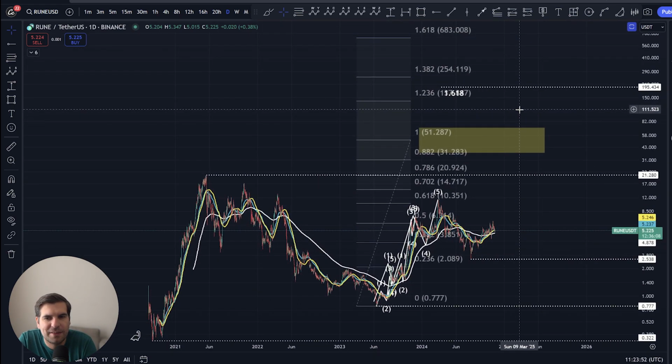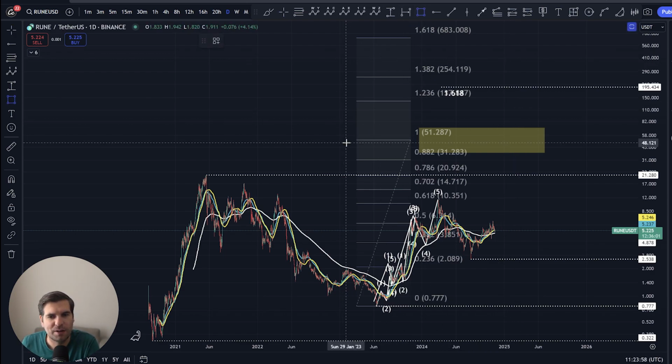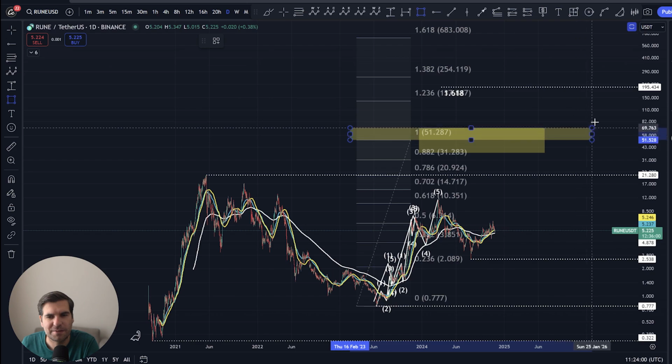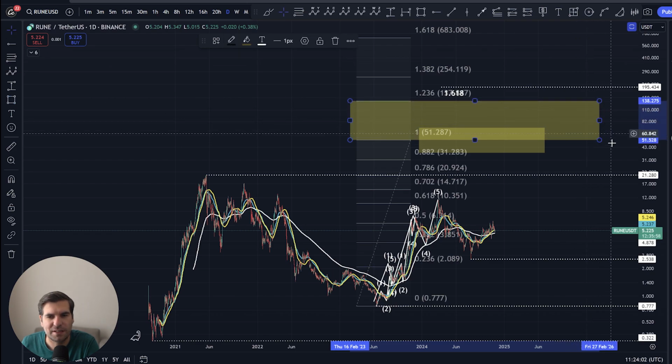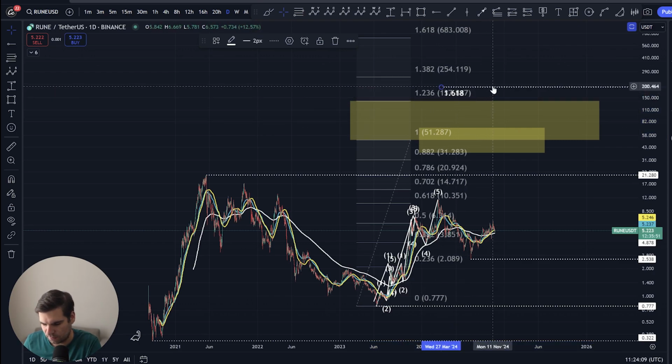Well, the reason that I think $195 is a huge stretch target is that even if we repeat the 6,500% that we saw previously, our target range is 51.28 to a high up here coming in. Let me actually just move the 1.618 this way, 137.84.